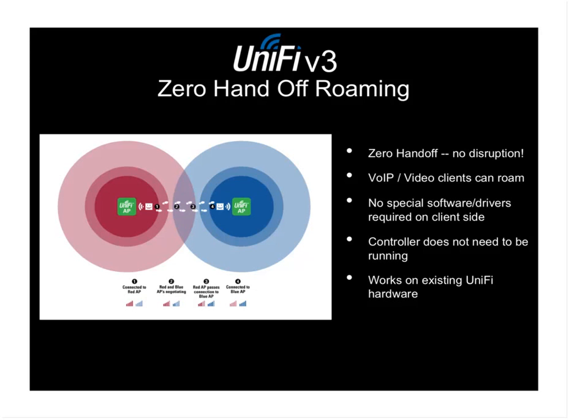The main problem with wireless communication regarding this is that in wireless, the client device usually controls all of the logic for which access point it connects to. And this can become a problem when a client device connects to one access point and, say, a laptop or a soft phone walks to another part of the building and is still connected to that same access point, even if the signal is poor or quality is poor.